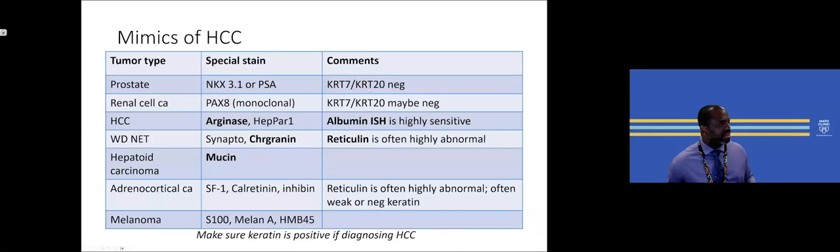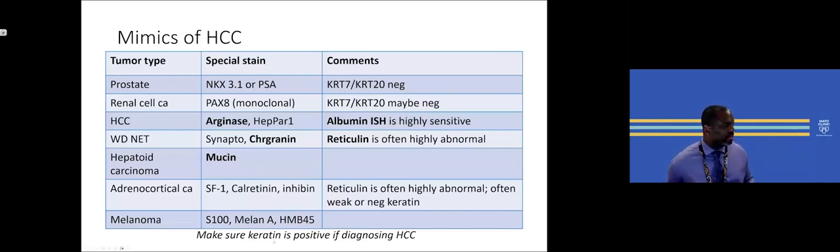You'll see that keratin 7/20 negative, which is typical for hepatocellular carcinoma, can occur both in prostate cancer and renal cell, and also can occur in adrenocortical carcinoma. But those are really only the differentials for keratin 7/20 negative malignancy. So those are the top four that I have top of mind, and the other stains are listed here.